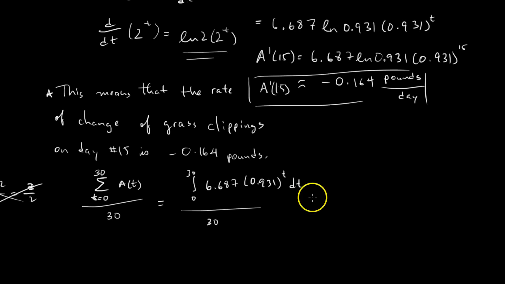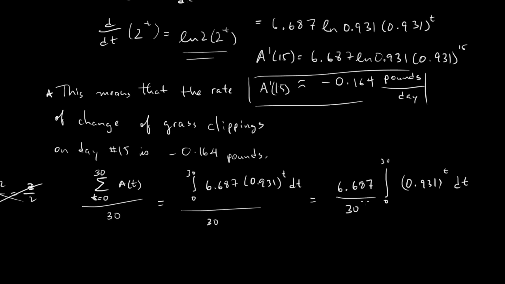Now, notice that we can pull out this constant, 6.687 times the integral from 0 to 30 of 0.931 to the t, dt, and then we could just do it over 30 here.